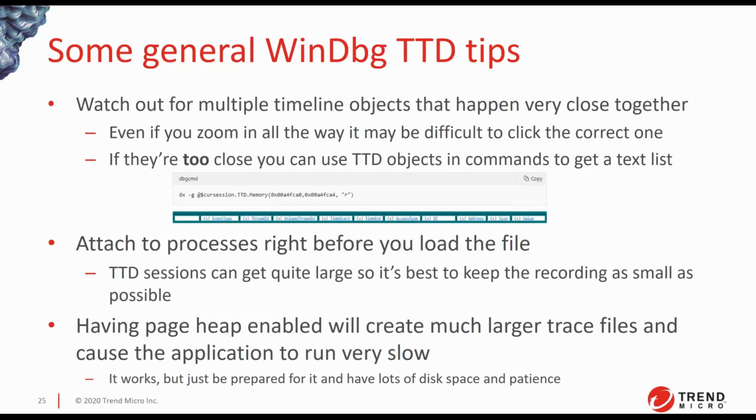However, having this enabled in time travel debug does create really big trace files, and it causes the application to run extremely slow. Sometimes you do need to have page heap on. It does work. Just be prepared that it takes a long time, and have lots of disk space and patience, and RAM can't hurt either.